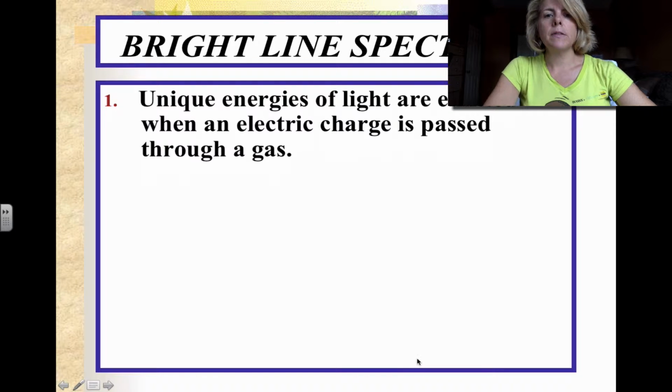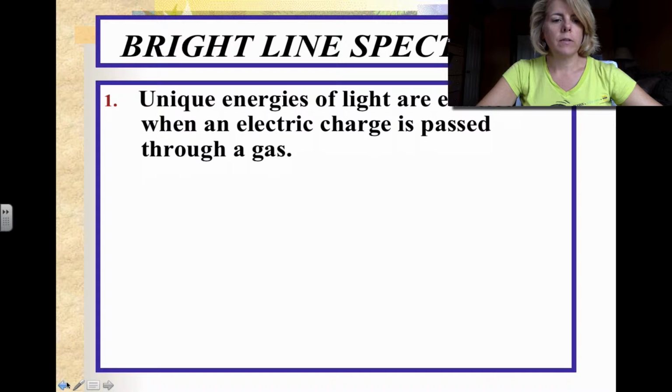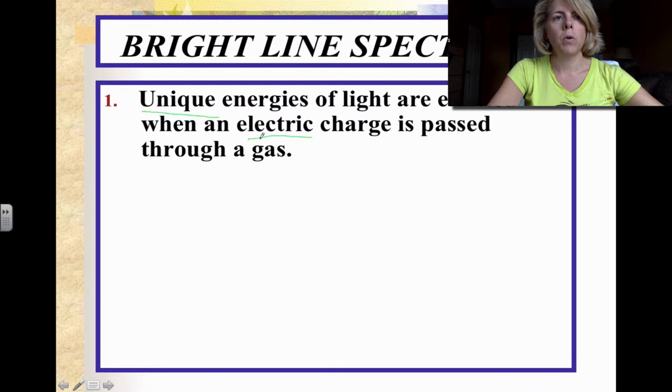What happens is these specific elements have unique energies. Not every element has the same type of light. This is the nice thing about elements: we can get specific types of light coming from that element. And you have to have an electric charge. This won't work at a steady state.